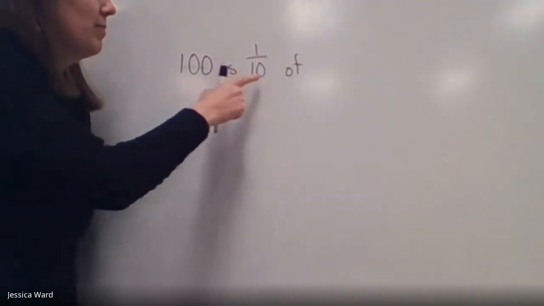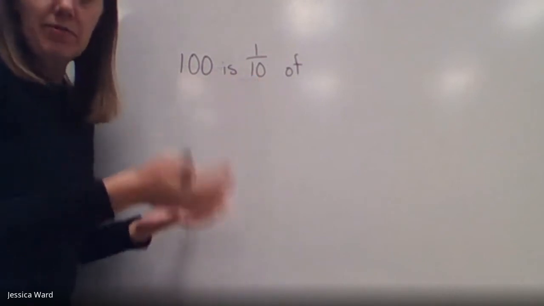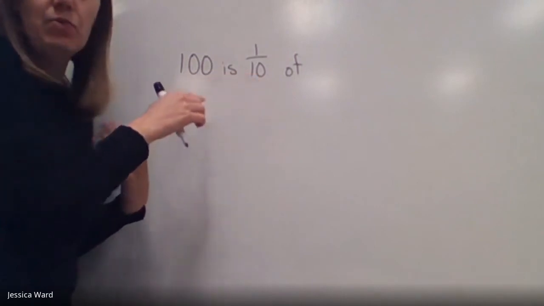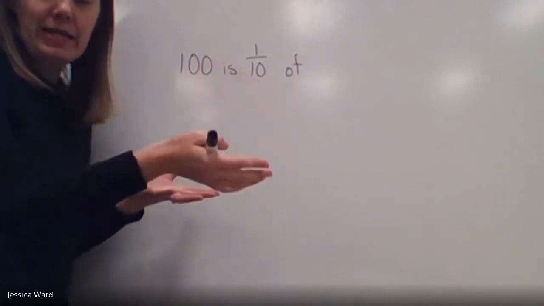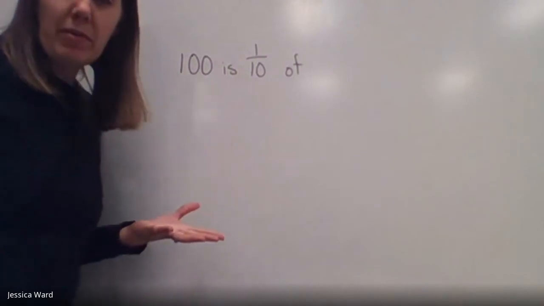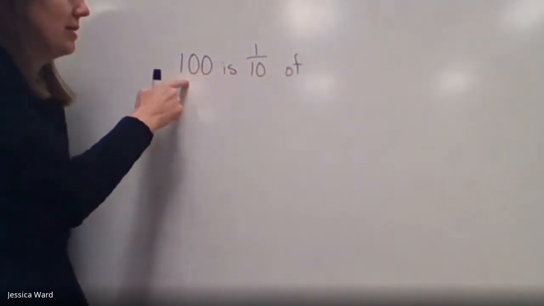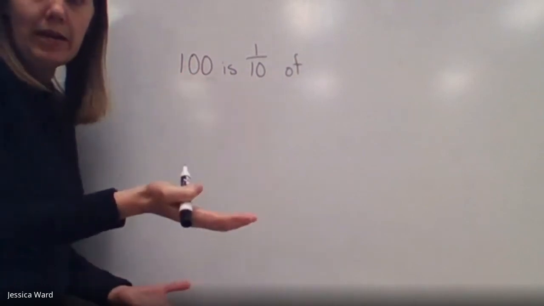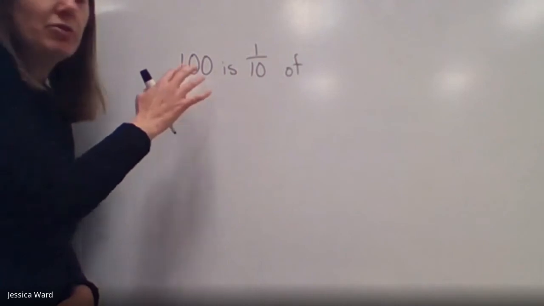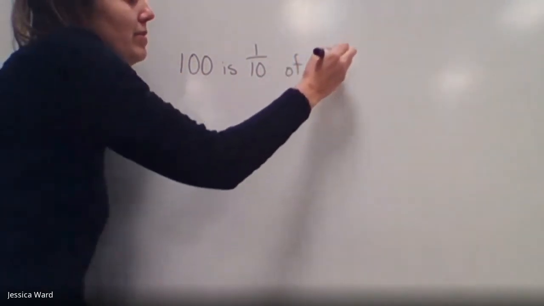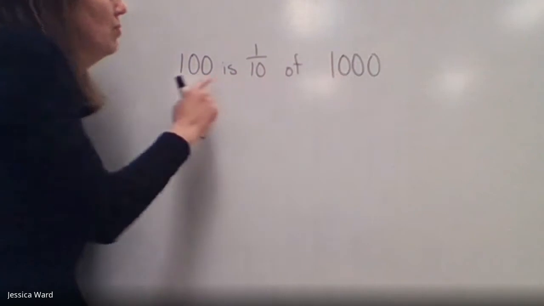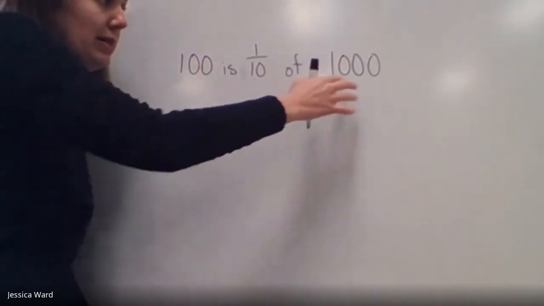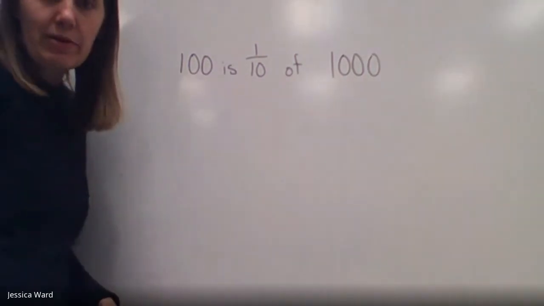Well, we can think of fractions as like division. 100 is 1/10, that would be like we divided the number that's greater by 10, right? So what is the number that if you multiplied 100 by 10, what will we get? Well, we know that 100 times 10 is going to be 1,000. So 100 is 1/10 or divided by 10 of 1,000.